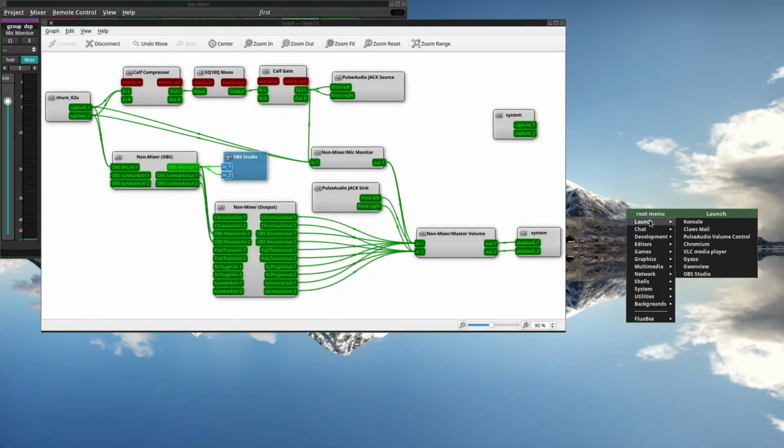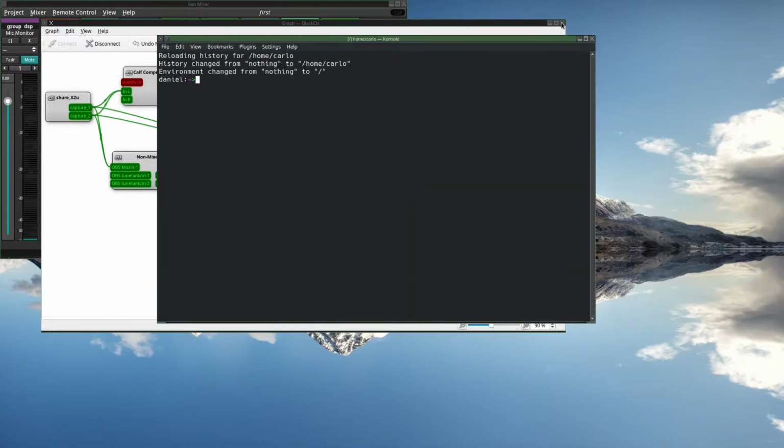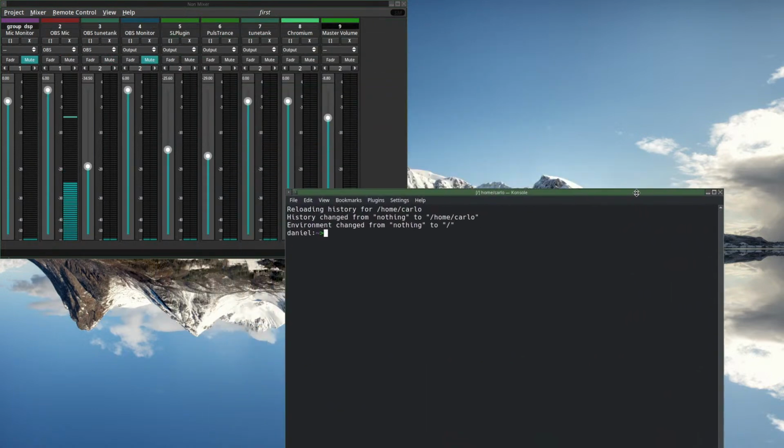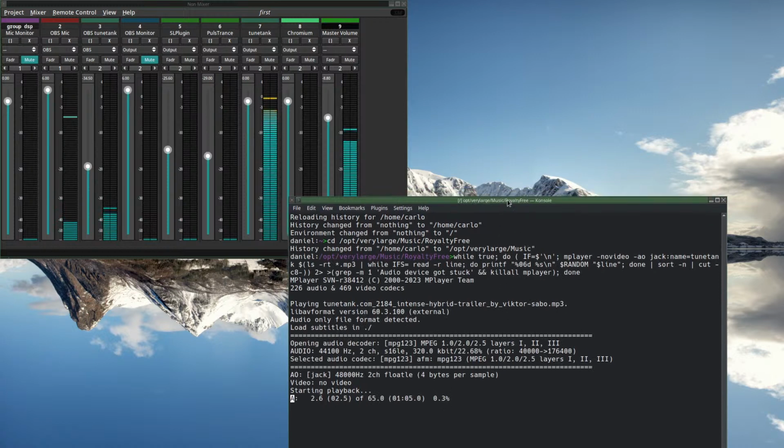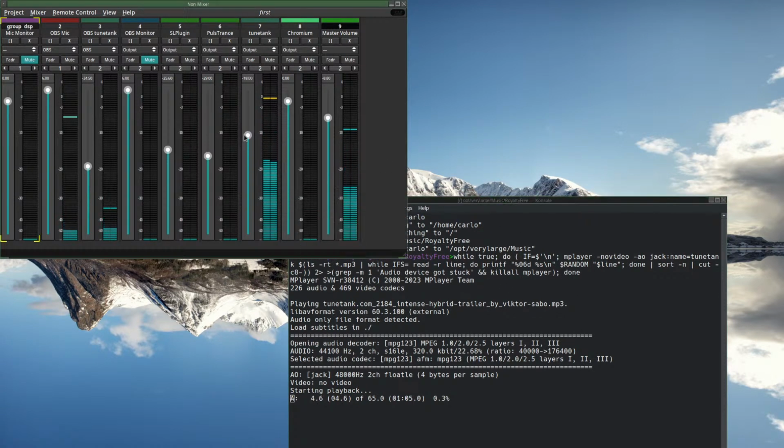Let me create a new console. Hope that this is good.